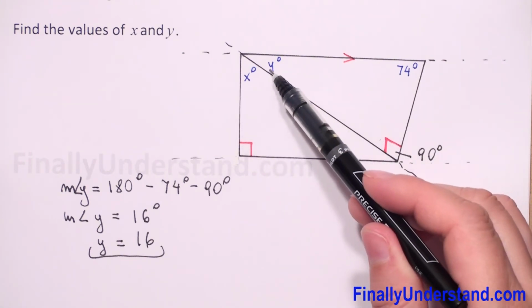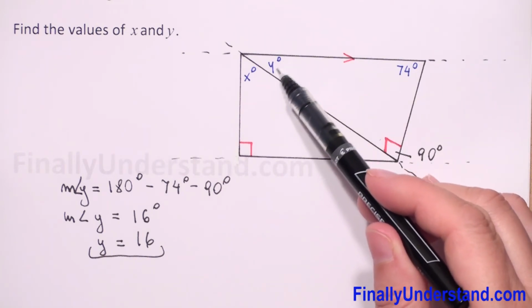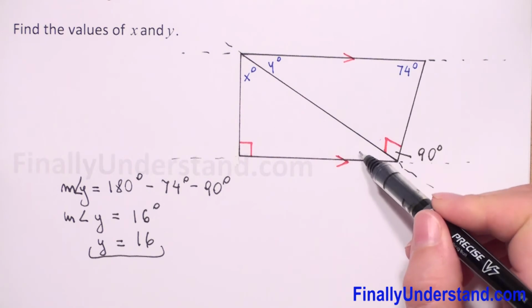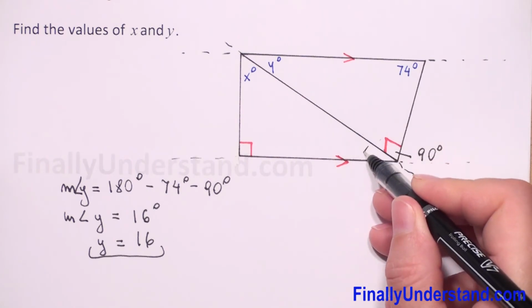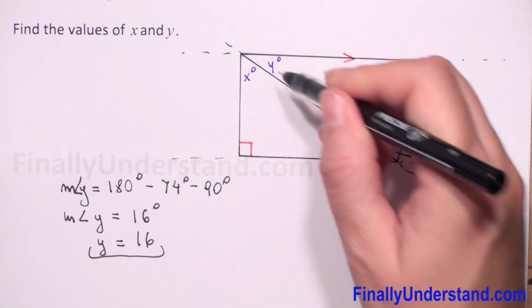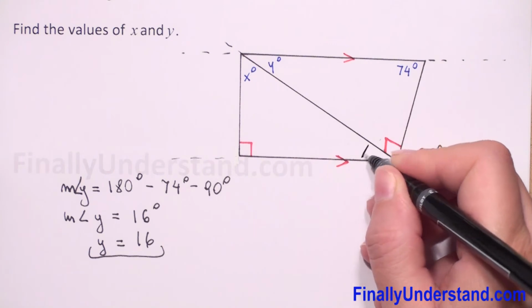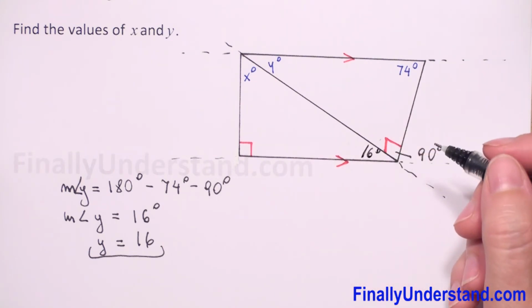So if we find y, this angle we found is 16 degrees, it means that that angle has the same measure like this. So here we have 16 degrees.